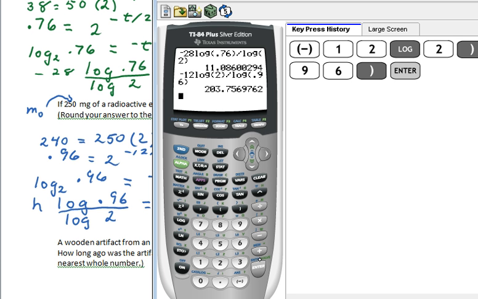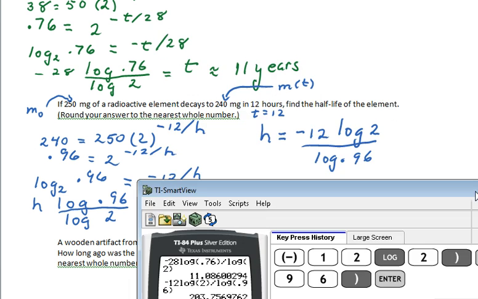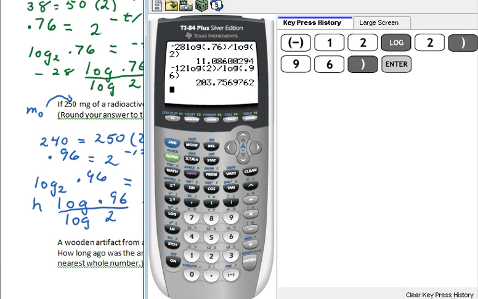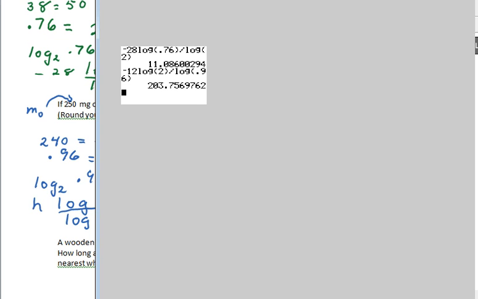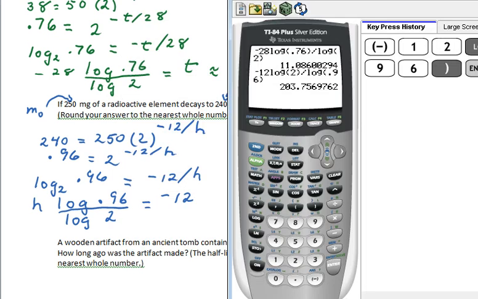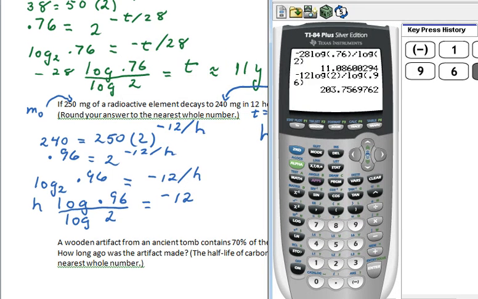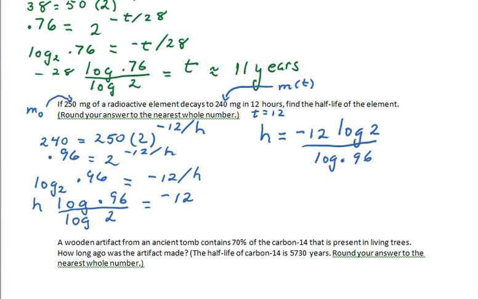And we get 203 3/4 years approximately, but we're working to the nearest whole number, and so we are going to have 204 years.